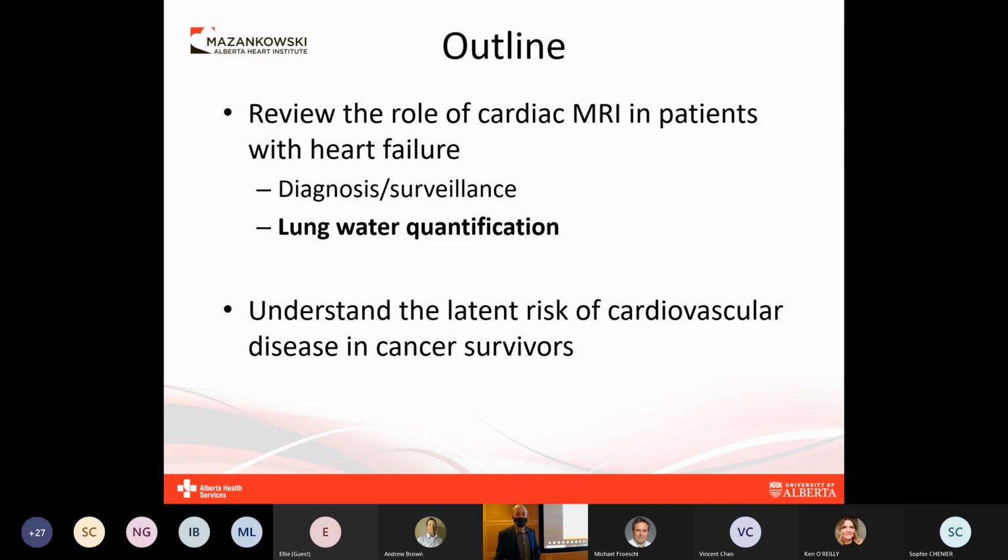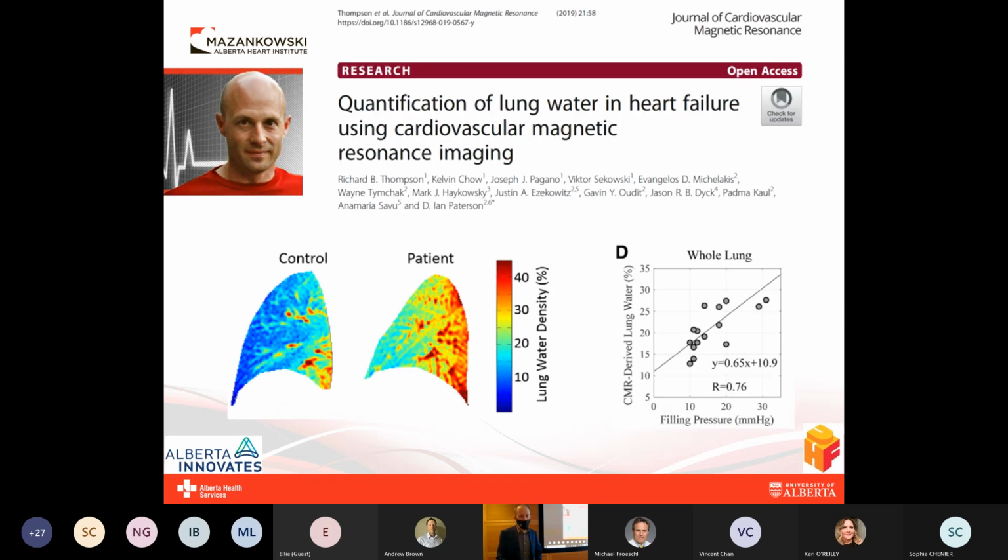Okay, now we're going to review some data that we have from a study, a very, in my view, interesting study we did on lung water quantification in heart failure. And this was really enabled by my collaborator in biomedical engineering, Richard Thompson.